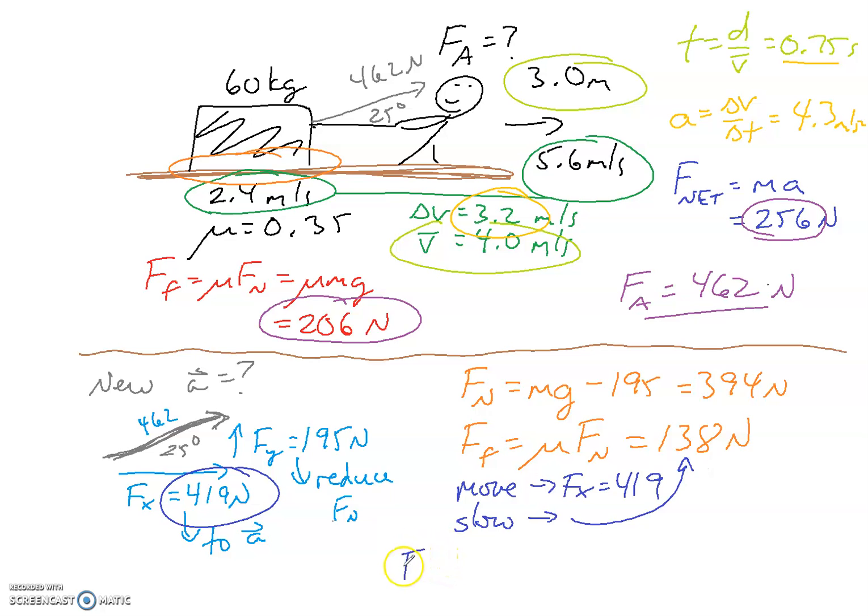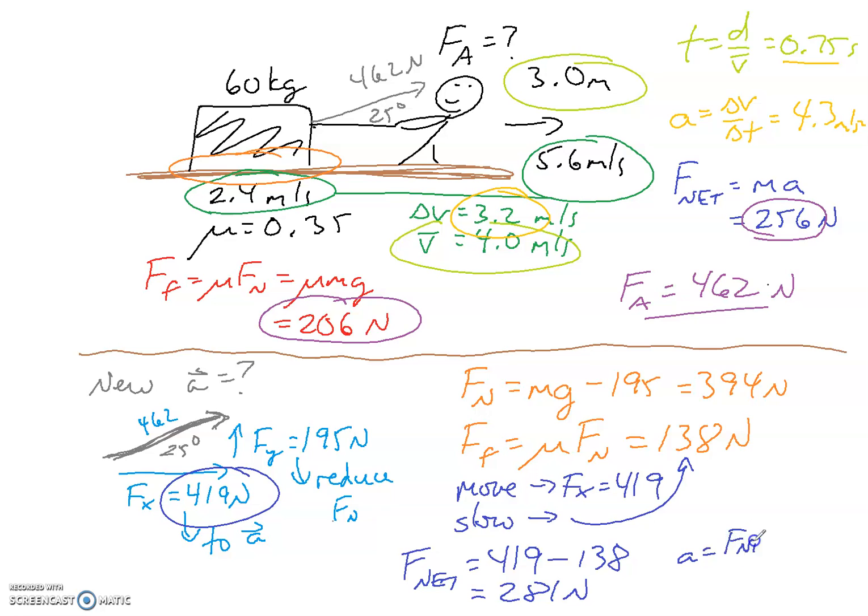If I use those two, I can calculate my net force. I've got 419 trying to move it, and I subtract the 138 for friction. 419 take away 138, net force around 281 newtons.